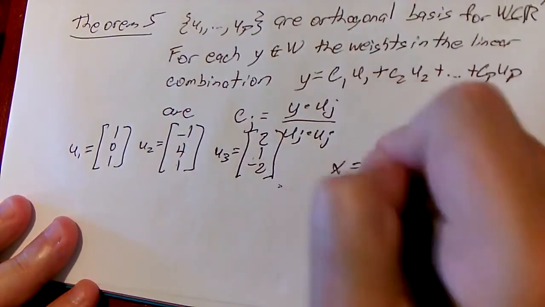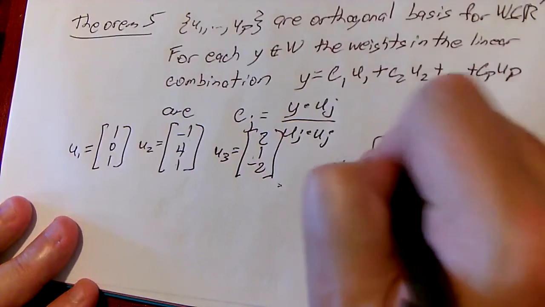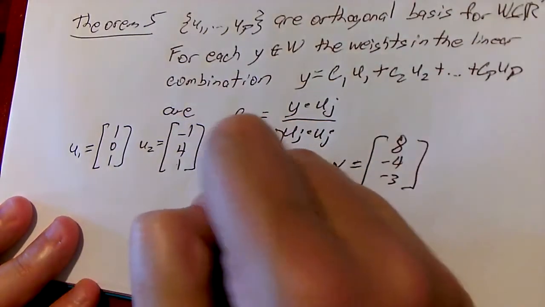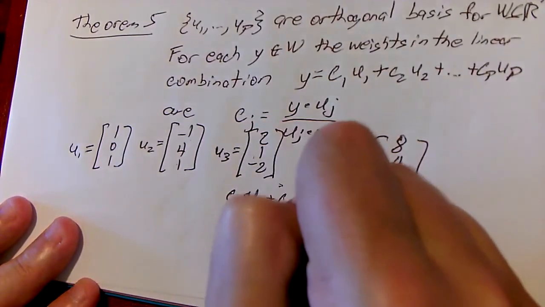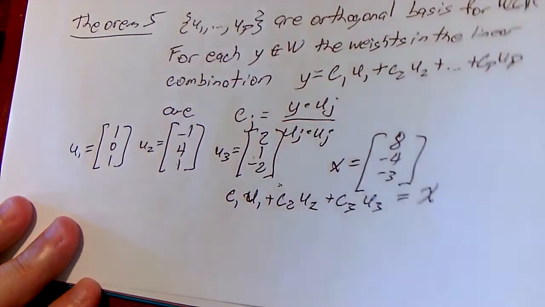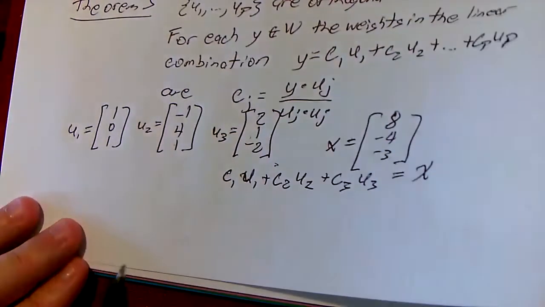And my vector x that I'm interested in is going to be (8, -4, -3). So we are trying to write C1 U1 plus C2 U2 plus C3 U3 equal to x. To do that, we're going to use this setup.